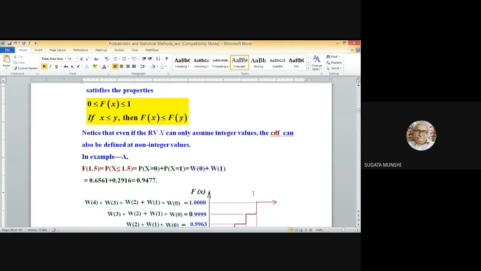So it's W0 plus W1, 0.9477. In a similar manner, you may be interested in finding F of 2.3, F of 3.8, F of 2, like that.